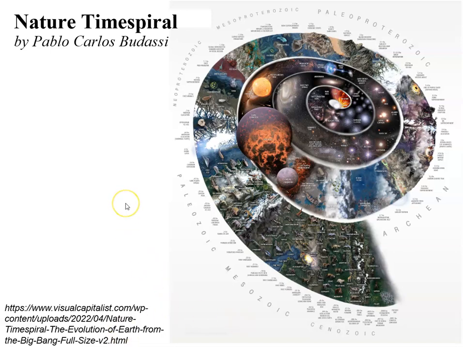So I want to focus on a couple parts of this time spiral so that we can really start digging into Earth's early history and the origin of life on Earth. Maybe you can see early Earth formation here, even though it's very small to read.